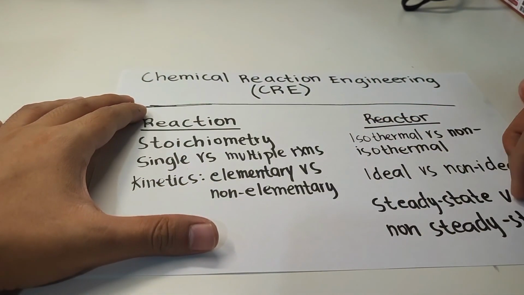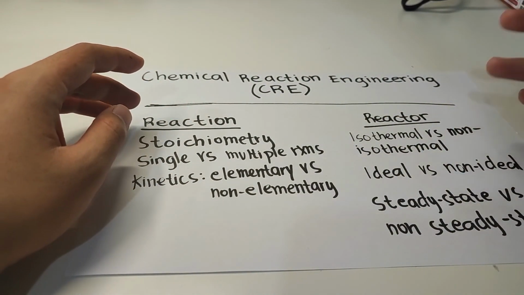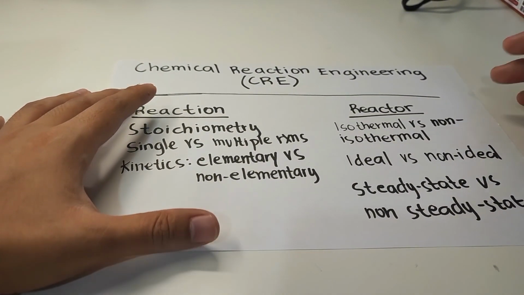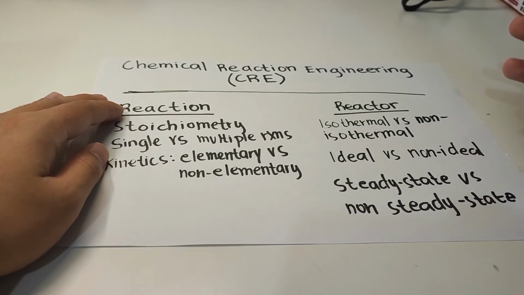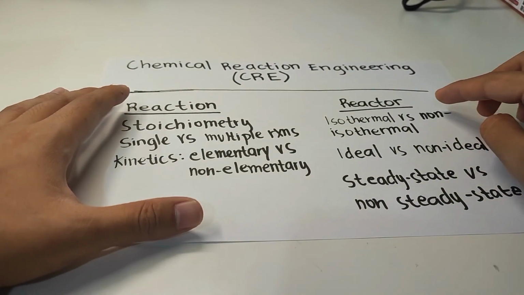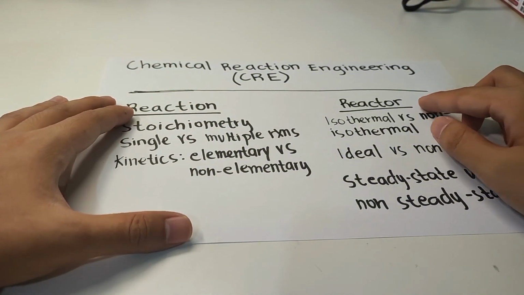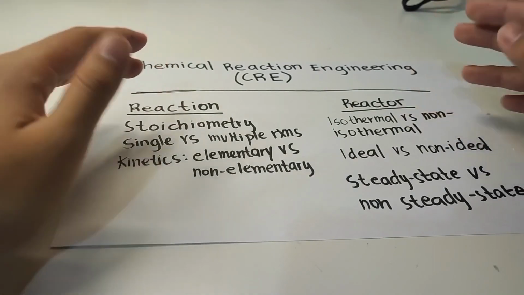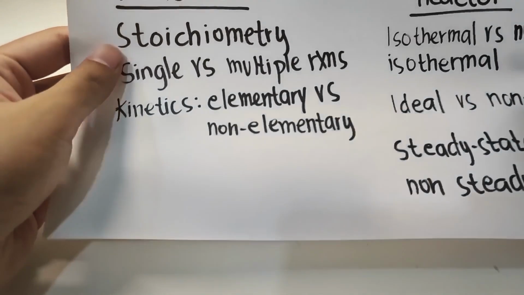For the reactor, we have isothermal versus non-isothermal reactors, ideal versus non-ideal reactors, and then steady state versus non-steady state. I will be giving a more detailed discussion on these in the following videos. So moving on.